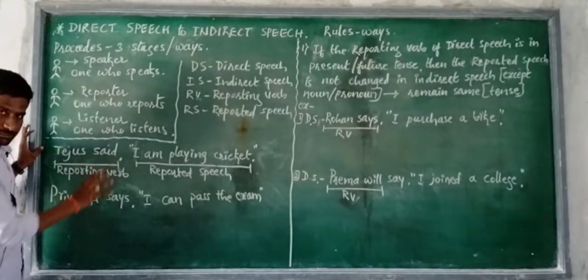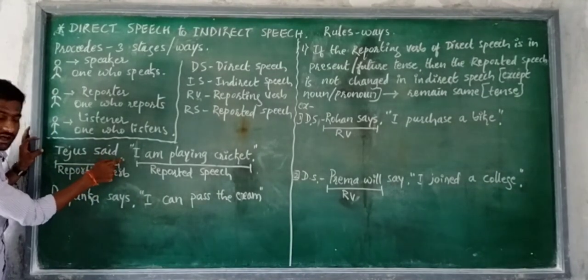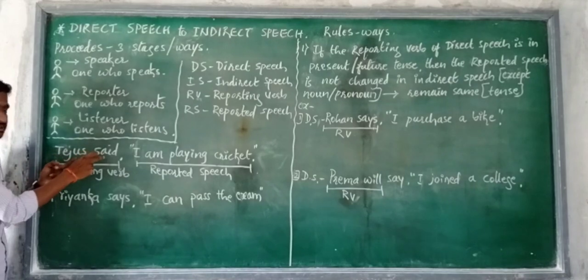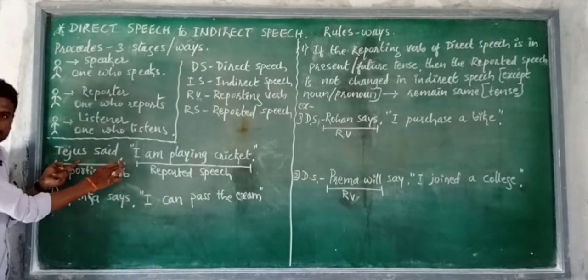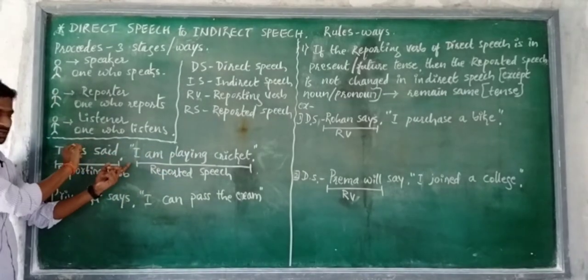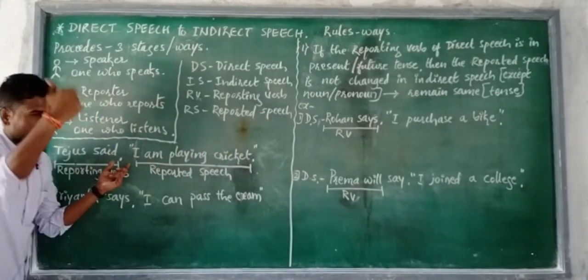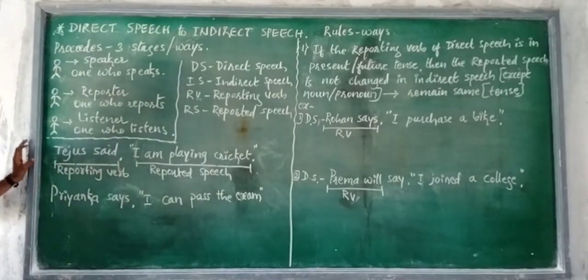In direct speech we see a comma after a person, and the original speaker's words are covered with inverted commas. That is the difference between this and that.